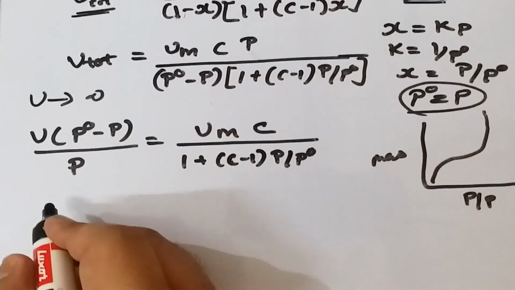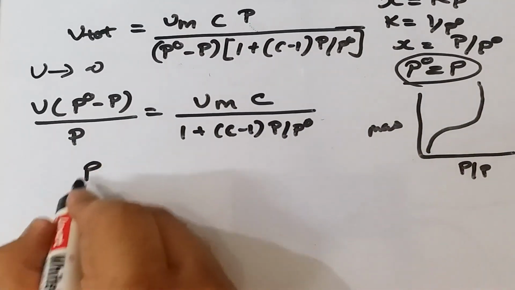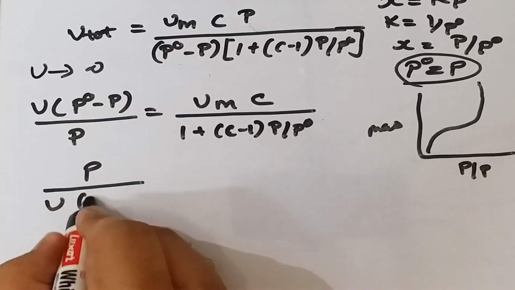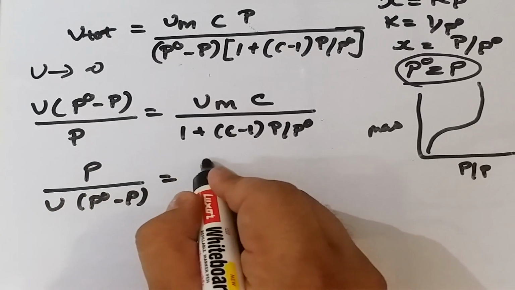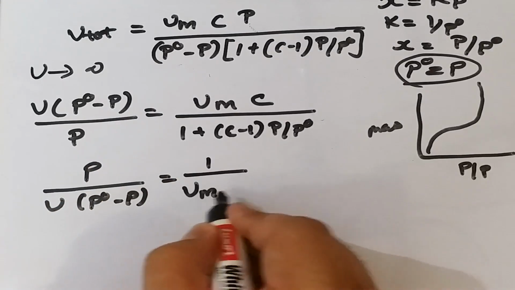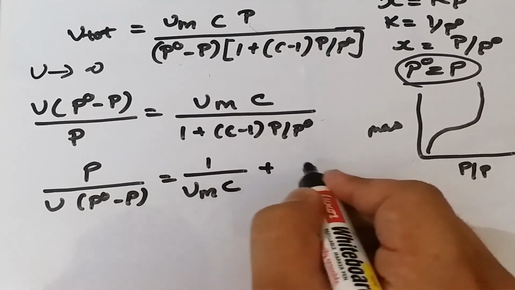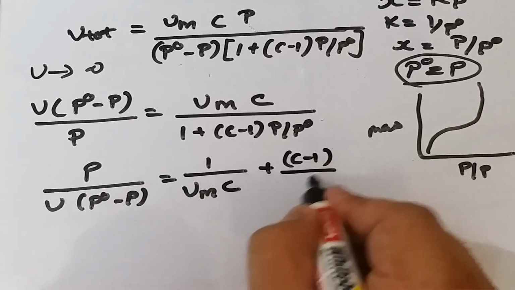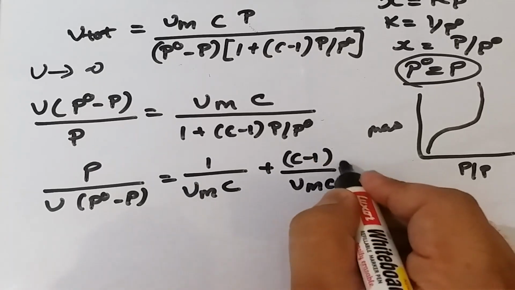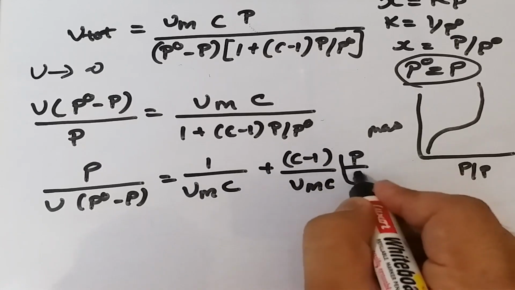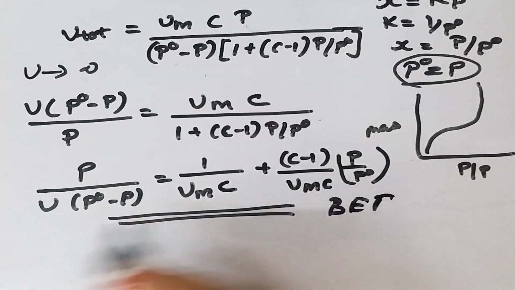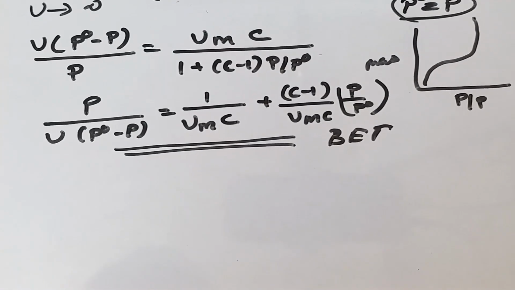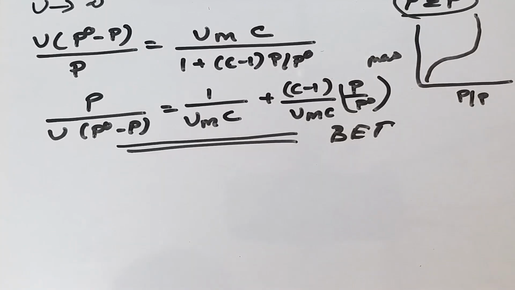So when we take the reciprocal, we will have P upon V into P0 minus P equal to 1 upon Vm into C plus C minus 1 upon Vm into C into P upon P0. So this expression is our BET equation, and this BET equation can be proved experimentally also.